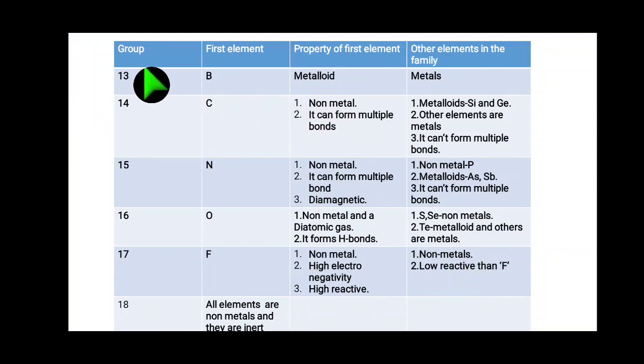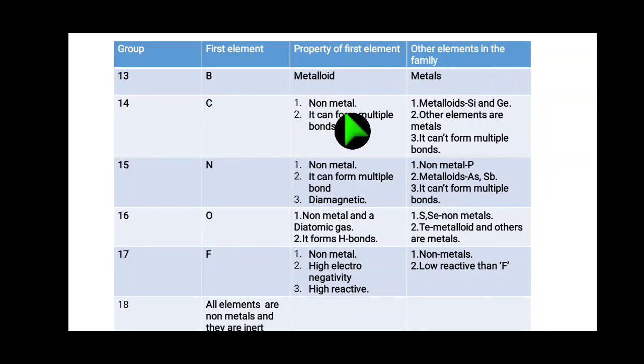Next. Group wise, the first elements are given. Head of the family: boron, carbon, nitrogen, oxygen, fluorine, and 18 group elements, all noble gases, right? The boron property: first element, boron is a metalloid and other elements are metals.